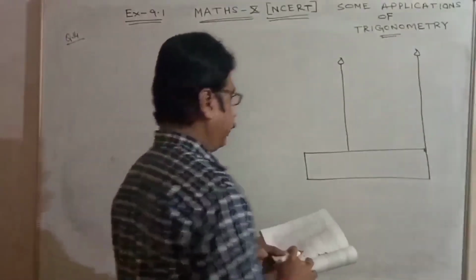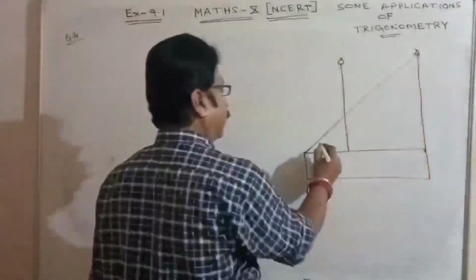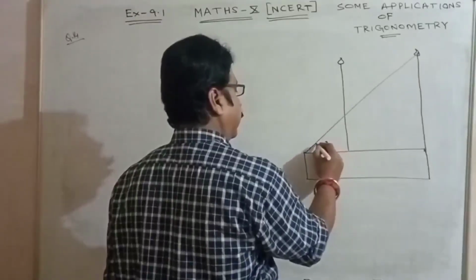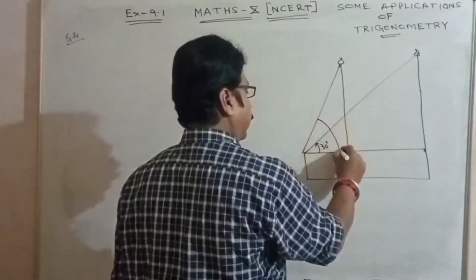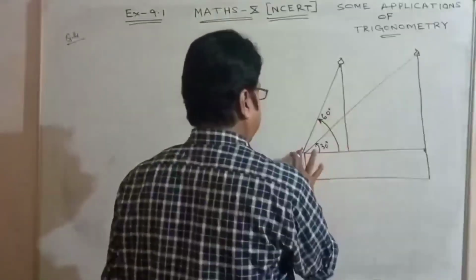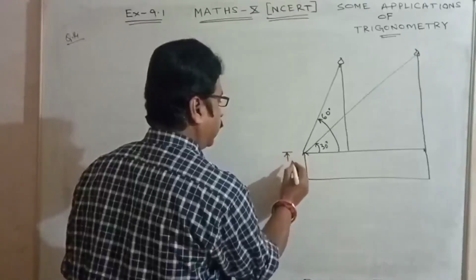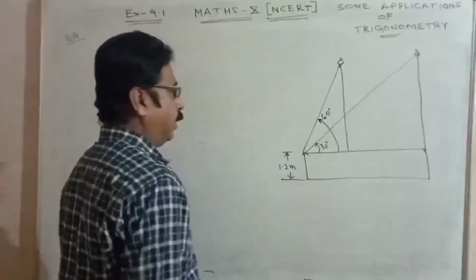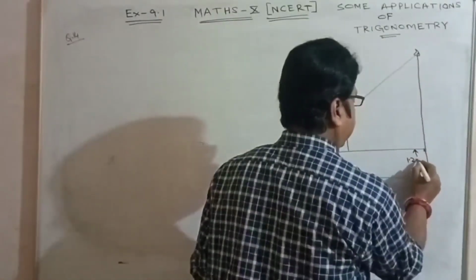This is 30 degree. This is the position of the gun. Height is given 1.2 meter. If this is 1.2 meter, this also will be 1.2 meter.